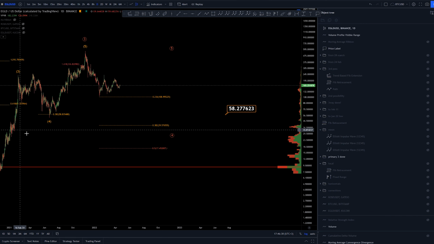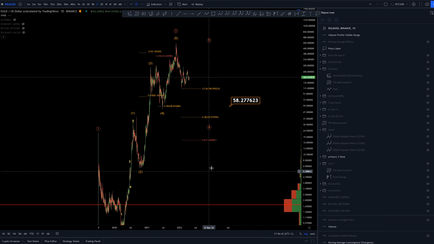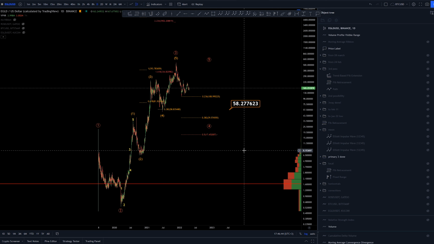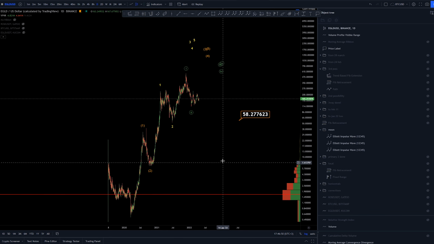Even though here it is giving some support. If we go below this 0.5, then this definitely could be something else, and we need to look at this again. But that's overall the possibility.